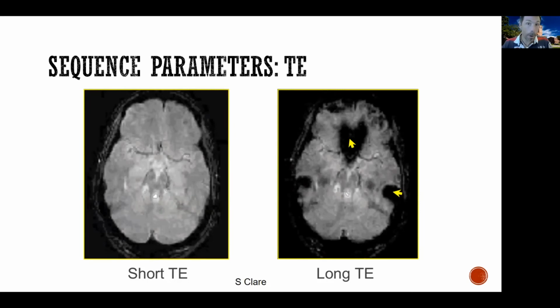As you know, some parts of the brain, because they're nearby boundaries, for example, the sinus and just above the ear canals, are particularly susceptible to protons dephasing a little faster than in other parts of the brain where there aren't boundaries. So on the left, you see an image that has a short TE, which means the picture, the echo, is captured shortly after you stop the radio frequency pulse.